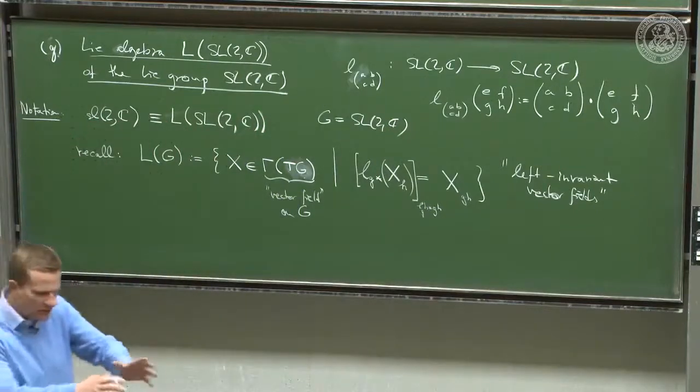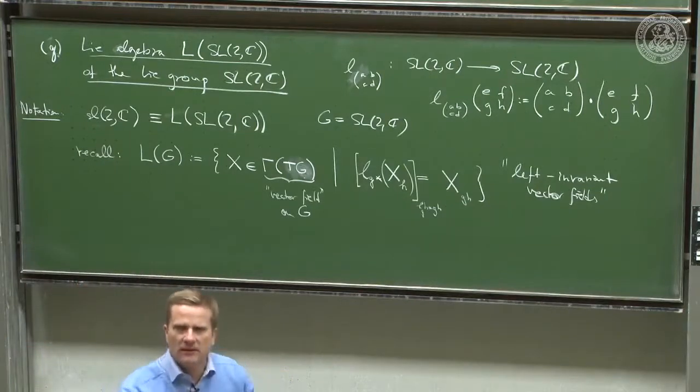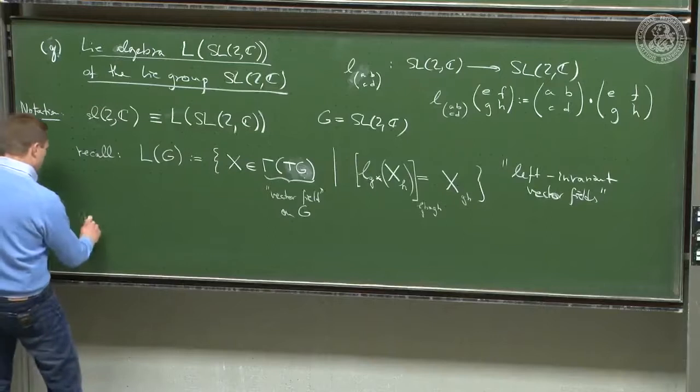So you really need to look at the whole group manifold and look at vector fields on there. But we saw that there is an isomorphism.